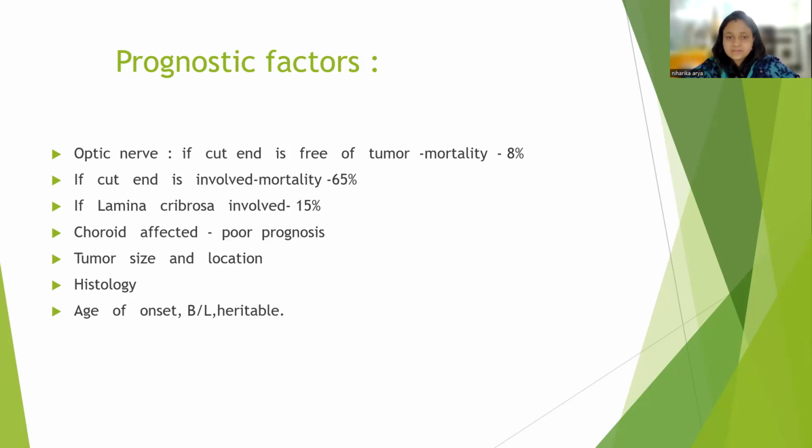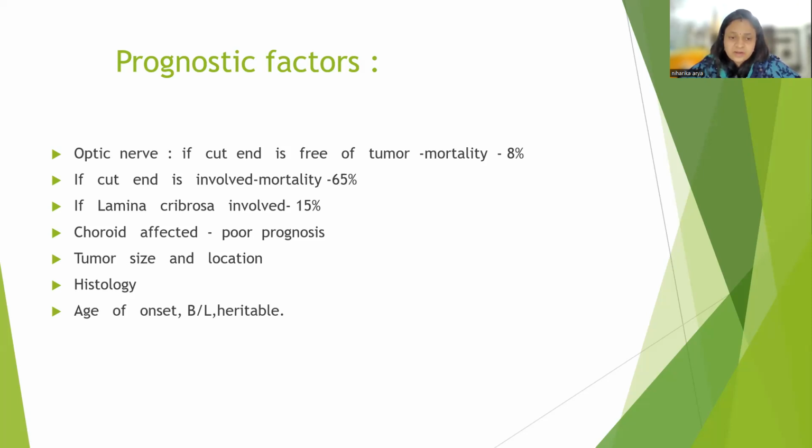If the cut end of the optic nerve is free of tumor, then the mortality is 8%. If the cut end is involved, then the mortality is 65%. If the lamina cribrosa is involved, then the chance is 15%.